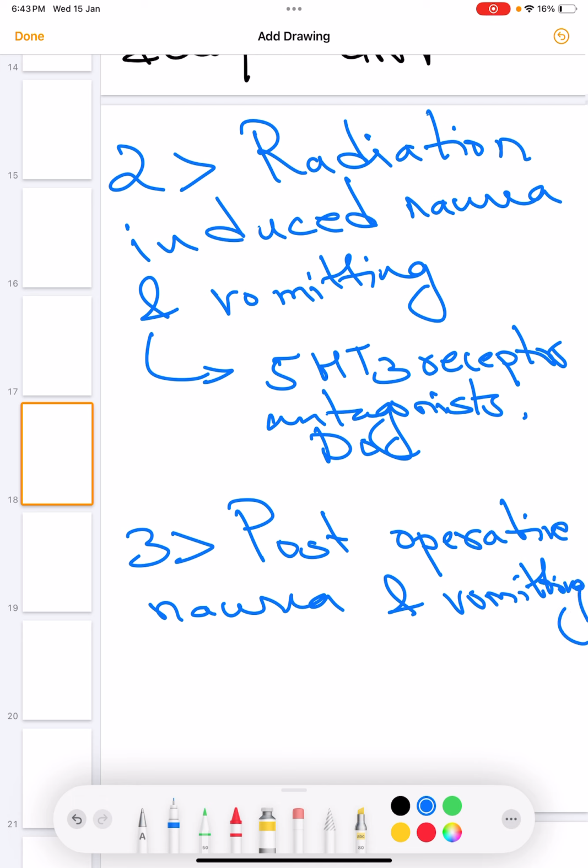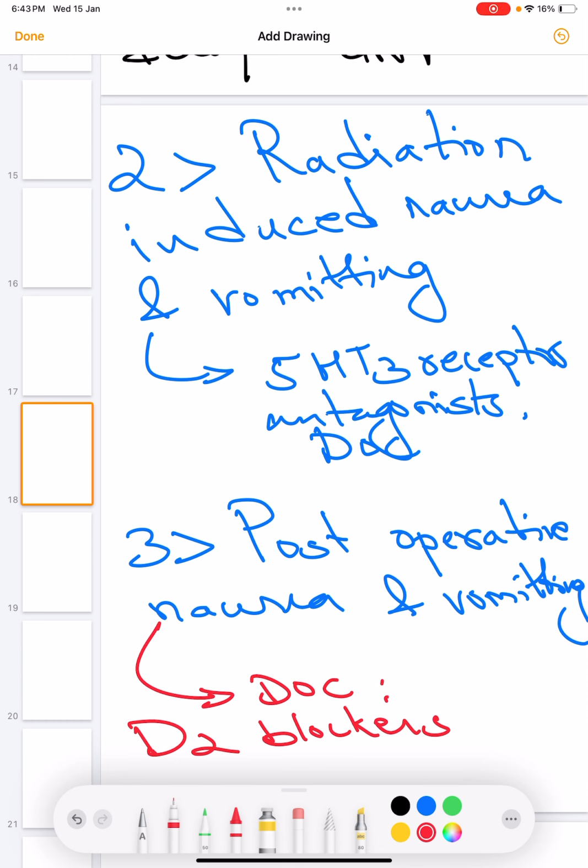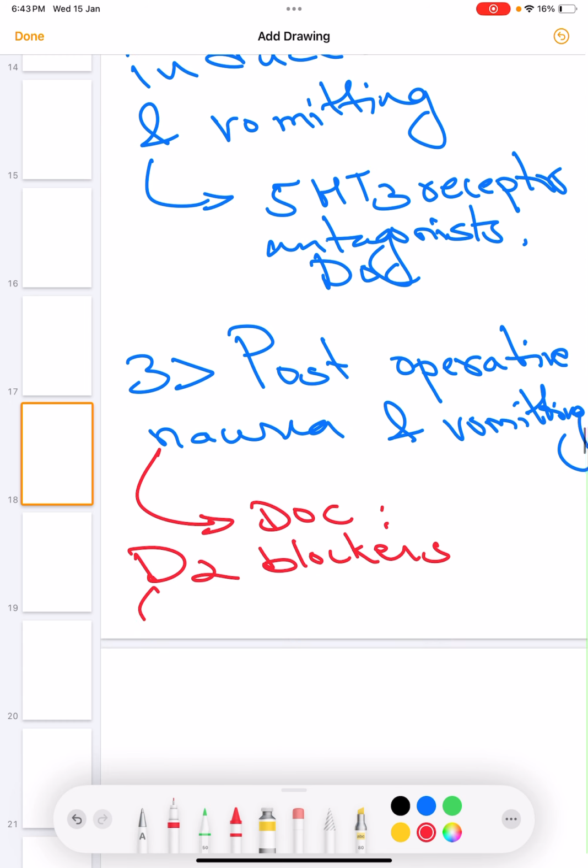Drug of choice for post-operative nausea and vomiting are D2 blockers, sorry, D2 blockers like domperidone. But 5-HT3 receptor antagonists are being increasingly used due to better adverse effect profile.